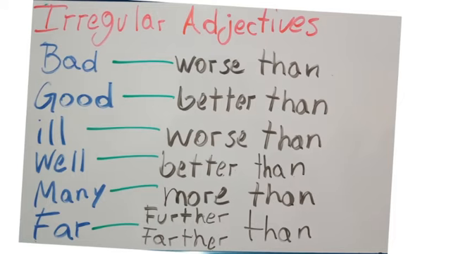They are irregular adjectives. They have special rules. For example, if you use bad in a comparative expression, it has to be worse than; good, better than; ill, worse than; well, better than; many, more than; far, further than or farther than. Okay, don't forget, they are irregular. They don't follow the same rules as the first adjectives that I gave you.